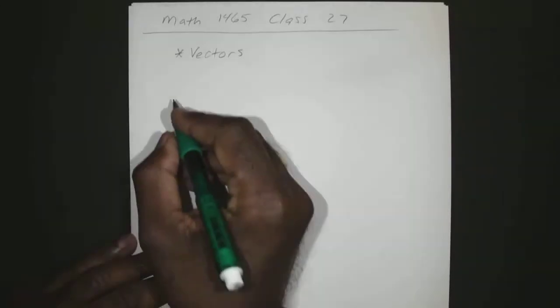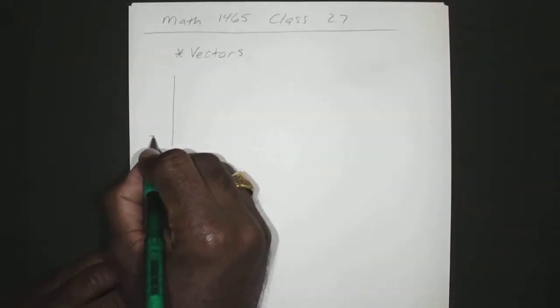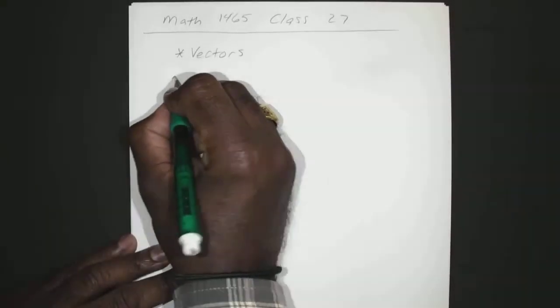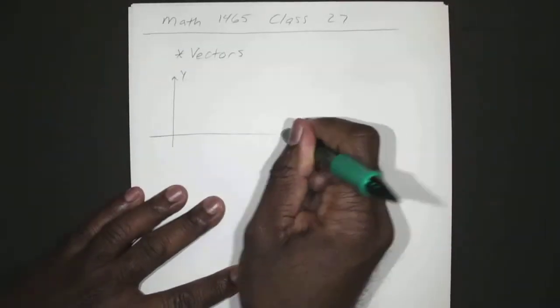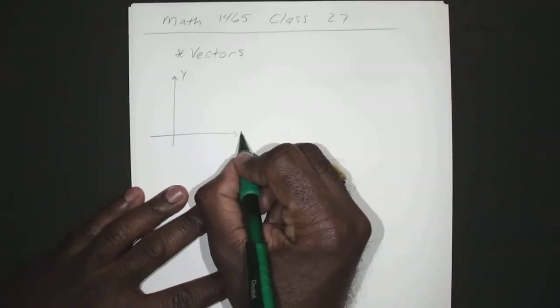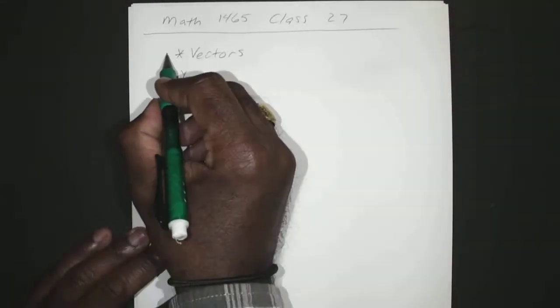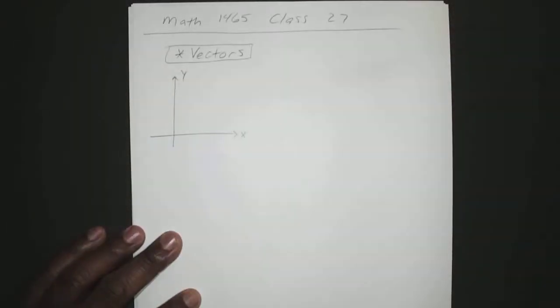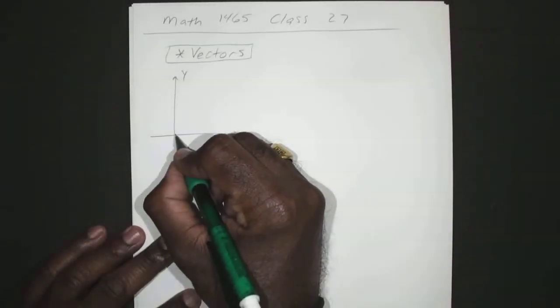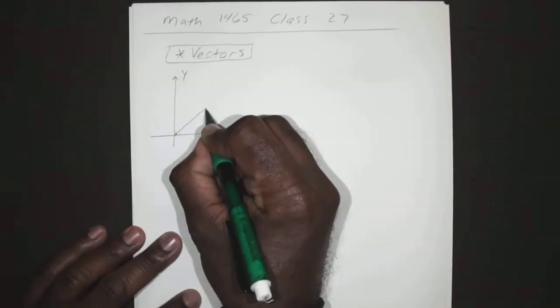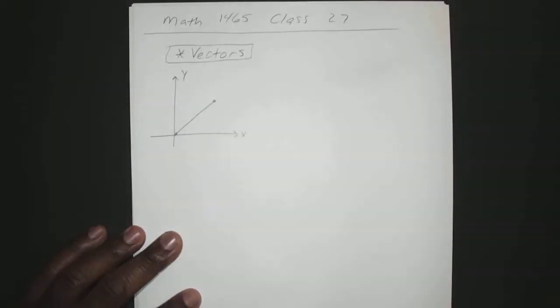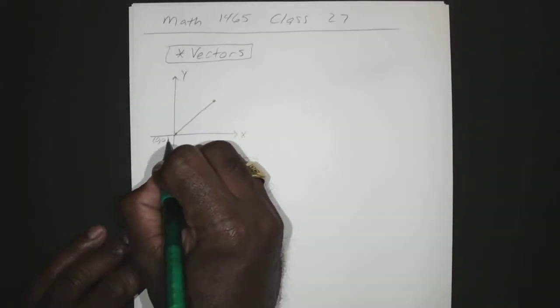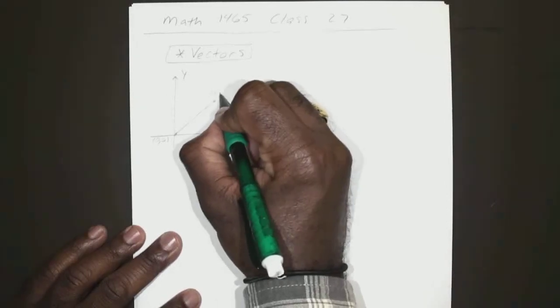All right, so to explain what a vector is, let's say you have your x and your y. Let's say we have just our regular line segment going from 0, 0 to some x comma y.